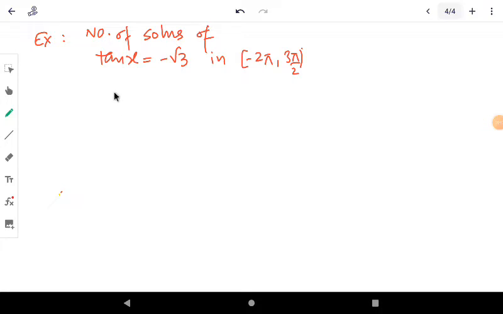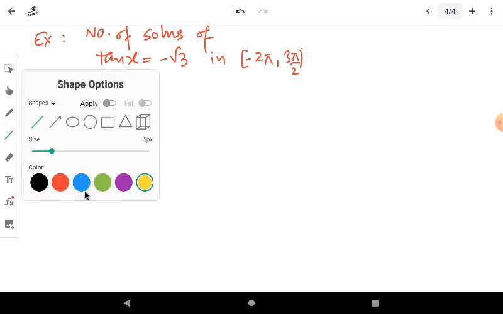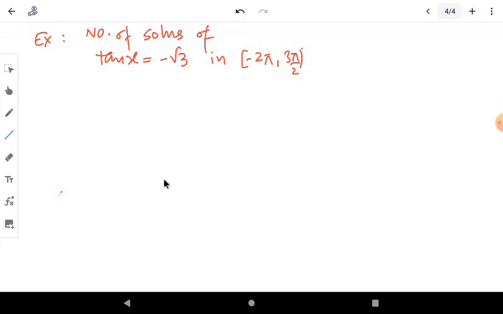So the number of solutions of tan x equals minus root 3 in minus 2 pi to minus 3 pi by 2. Let's take this example, guys. So this is the x-axis, this is the y-axis, guys.